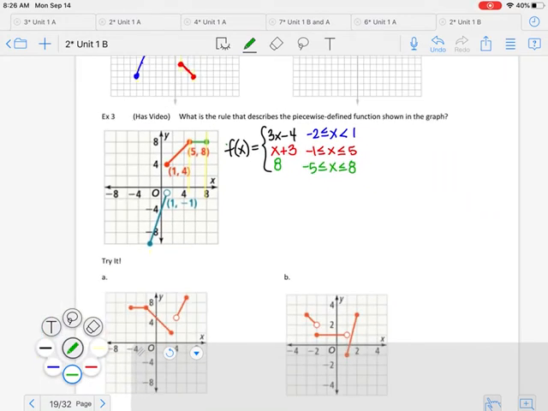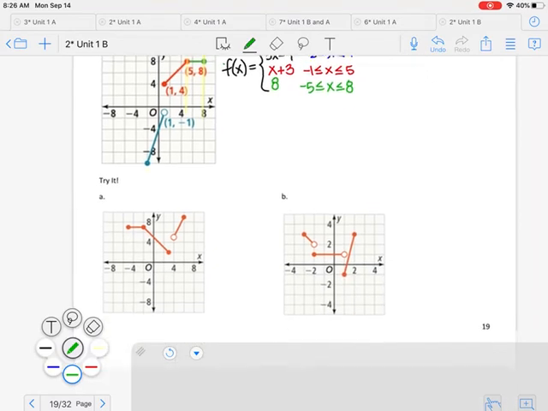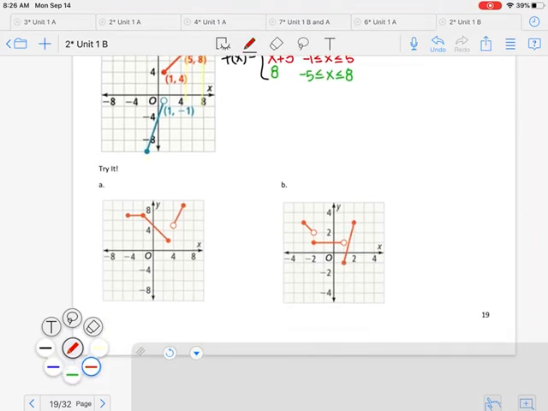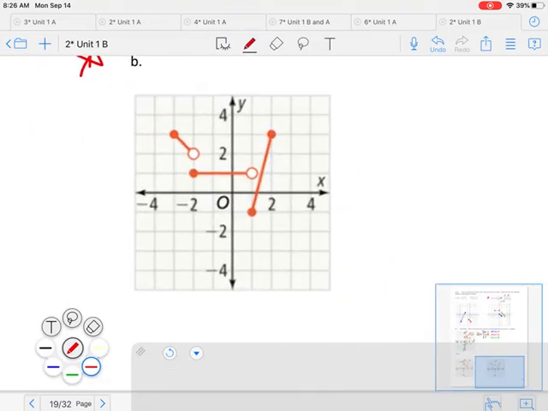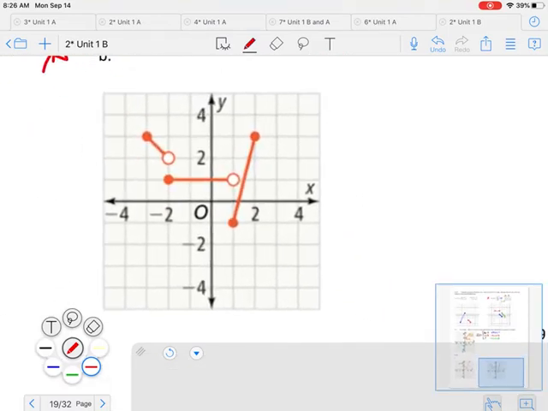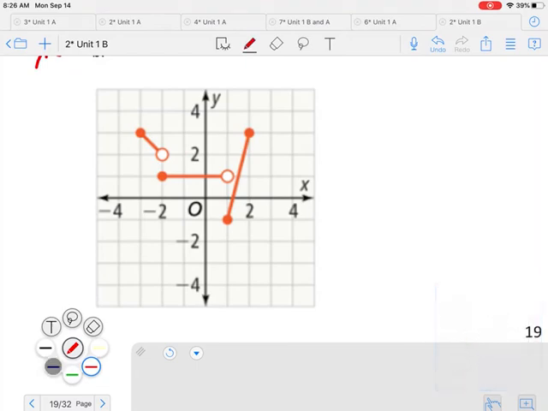Again, I would like you to pause and try one of these on your own. I'll just pick one of them. Try letter B on your own, and then come back when you're done so you can check your answers. I'll do this one on the left first. It has a slope of 1 over 1. So if I extend it, its y-intercept would be 0.